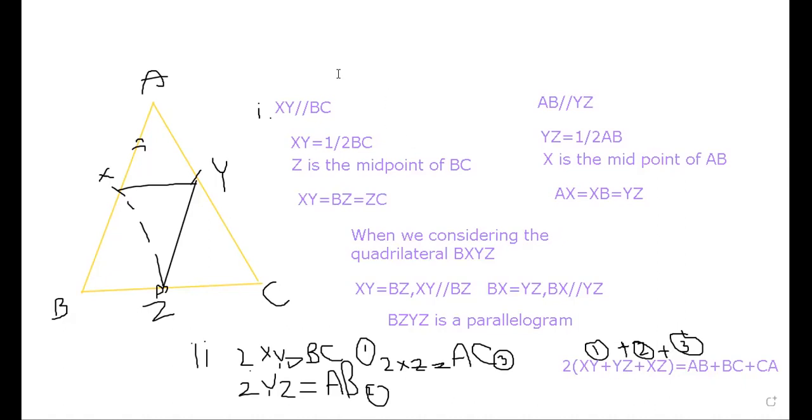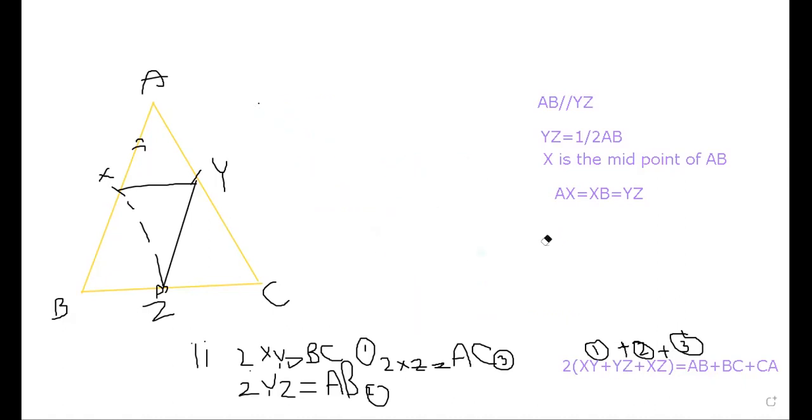Then third question. I will erase this. It is asking us to prove XYZB is a rhombus if AB equals BC.